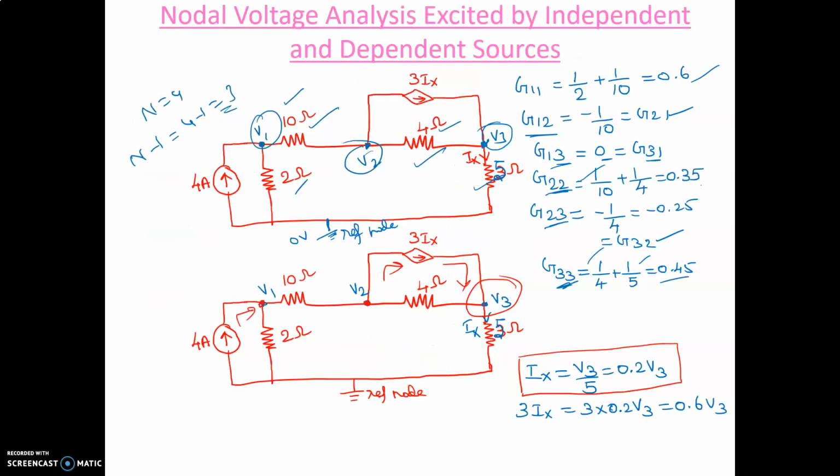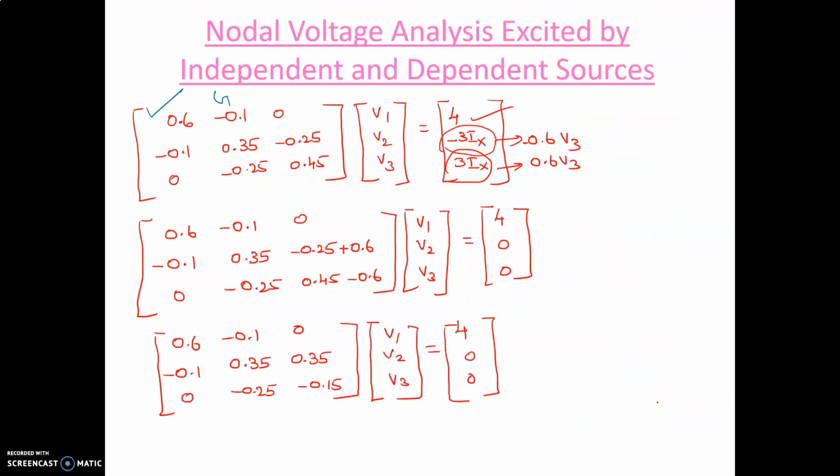So what is the value of Ix? Ix is the current flowing through the 5 ohm resistor. The current I is equal to V by R, so the potential at this node is V3 by 5, which can be written as 0.2 V3. Multiplying by 3, 3 Ix will be 0.6 V3.